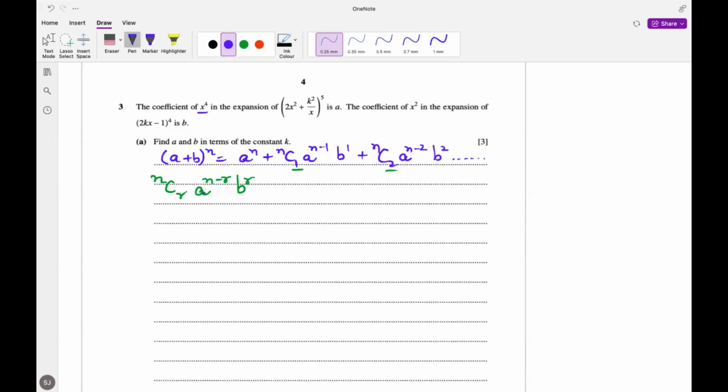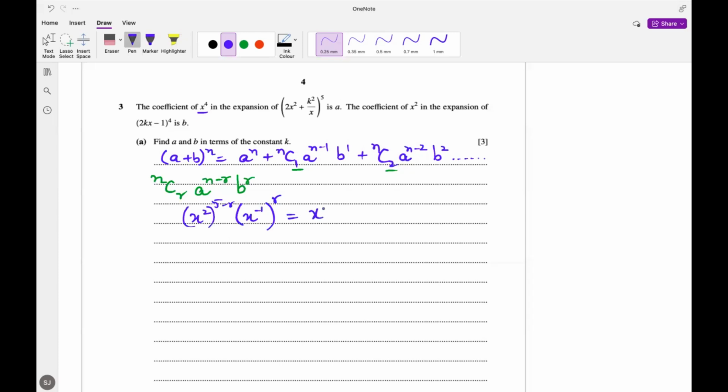So as we are trying to find the value of r for which x is to the power 4, we'll just use the variables in place of a and b. As a is x², we'll write (x²)^(n−r), and as n is 5, it is 5 − r, multiplied by b. In b, x will be x^(−1), as if you bring this x into the numerator, this will become −1, and b to the power r.